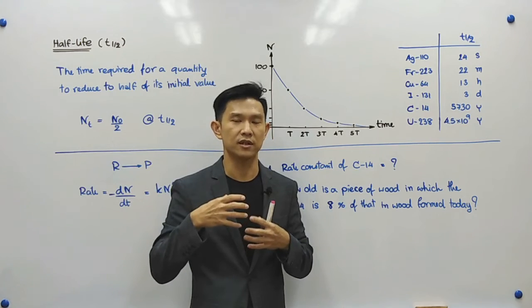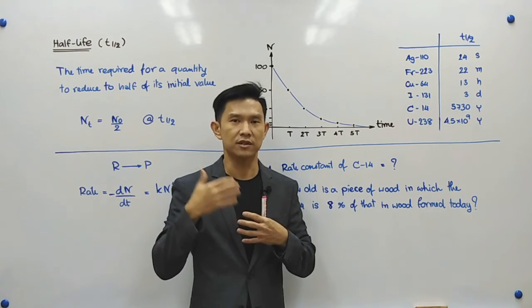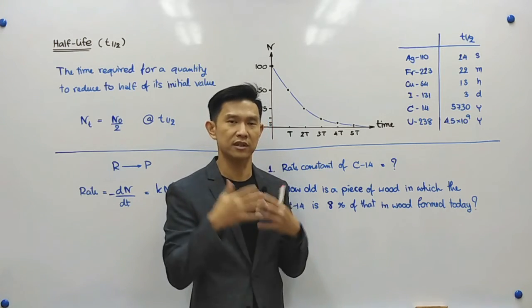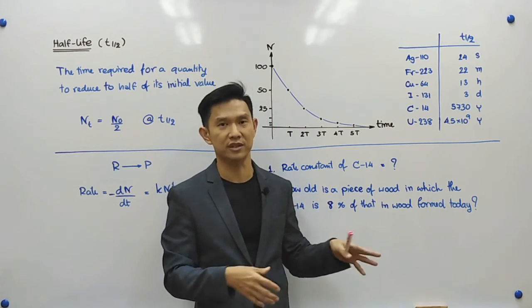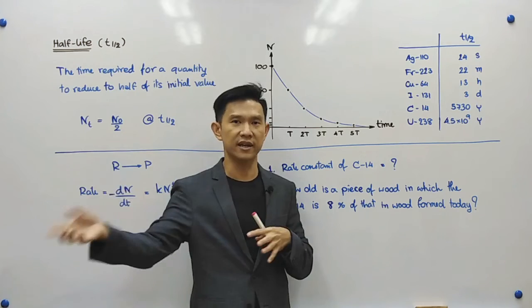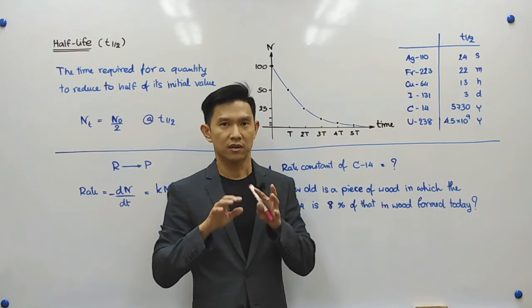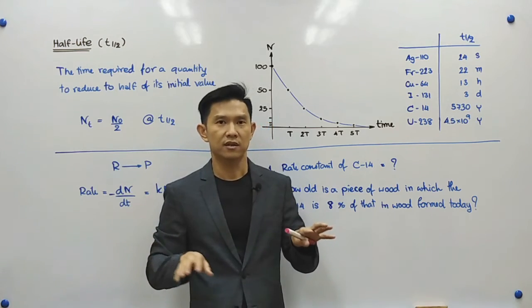So carbon-14 in the body starts to decompose, but the trees that already died cannot take carbon-14 in from the environment, right? So the equilibrium is stopped.